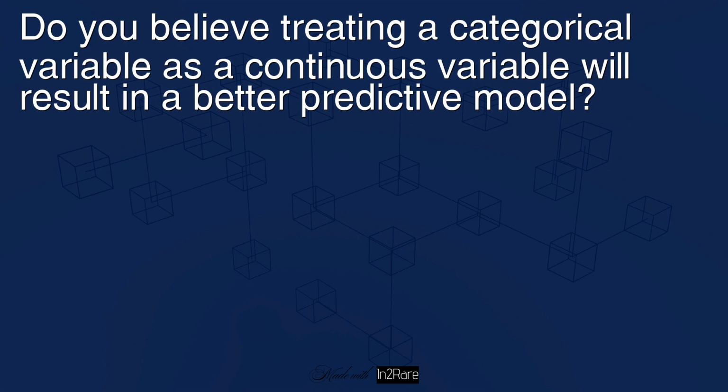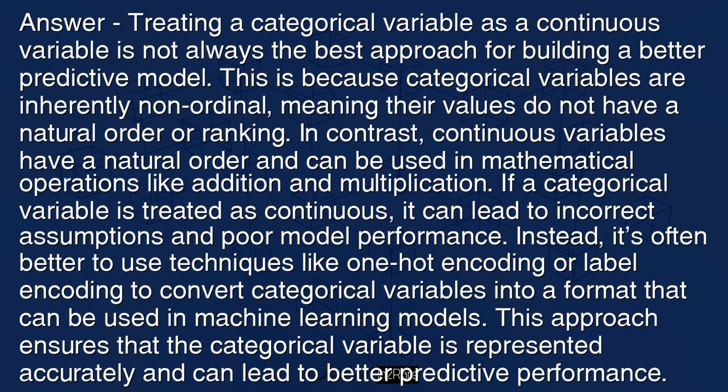Do you believe treating a categorical variable as a continuous variable will result in a better predictive model? Answer: treating a categorical variable as a continuous variable is not always the best approach for building a better predictive model. This is because categorical variables are inherently non-ordinal, meaning their values do not have a natural order or ranking. In contrast, continuous variables have a natural order and can be used in mathematical operations like addition and multiplication.